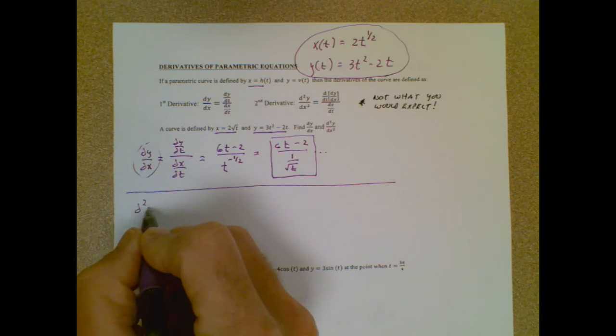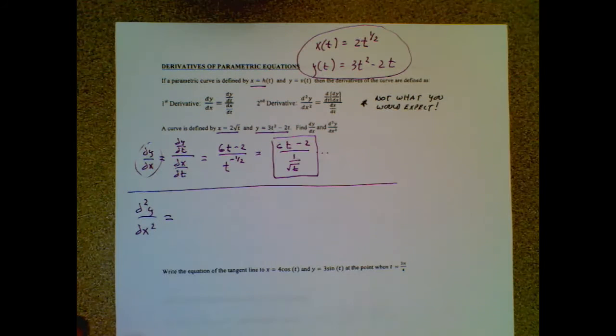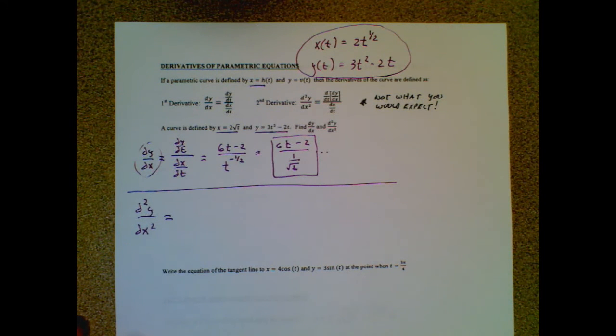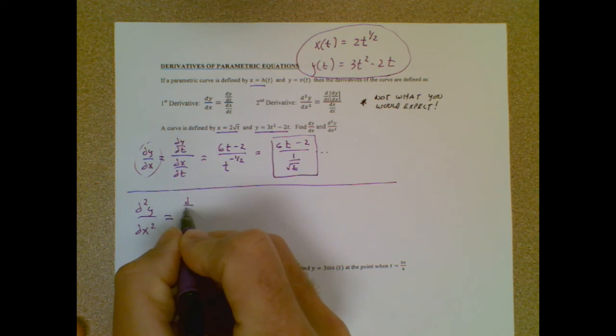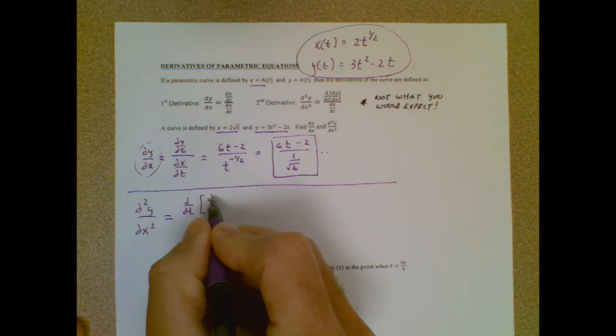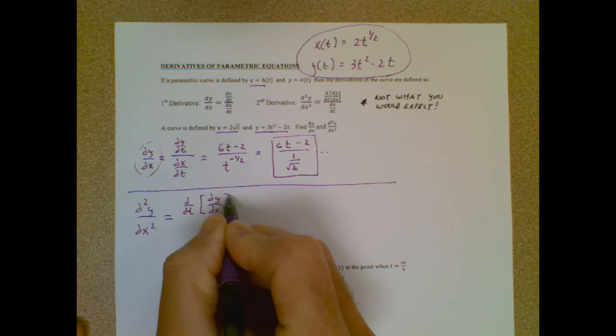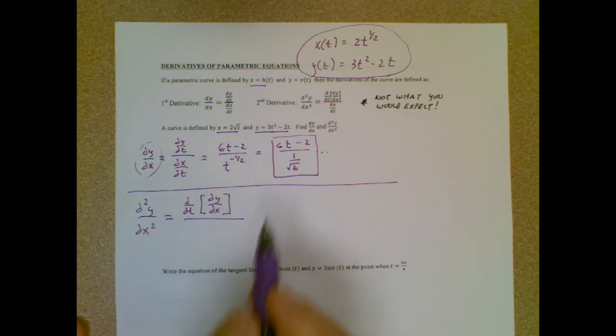Now the second derivative, that's the one that's just a little bit non-intuitive. So you've got to be careful and put a little bit of time into making sure you understand this procedure. So the first thing I'm going to do is just recopy the formula for the second derivative. It's basically saying take the derivative with respect to time of dy/dx, which is the first derivative that you just got.